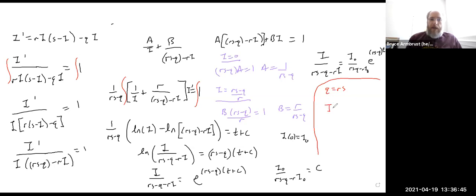So it becomes I prime over minus RI squared. And this one, when we integrate, notice that it doesn't give us natural logs at all, because it's just I to the minus 2. So we get I is equal to 1 over R times (T plus C). And look at what happens to that one as T goes to infinity.